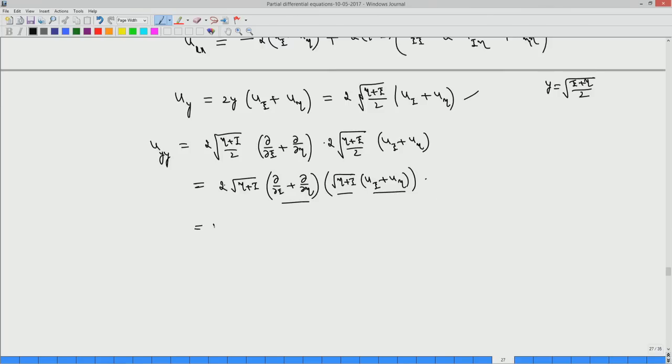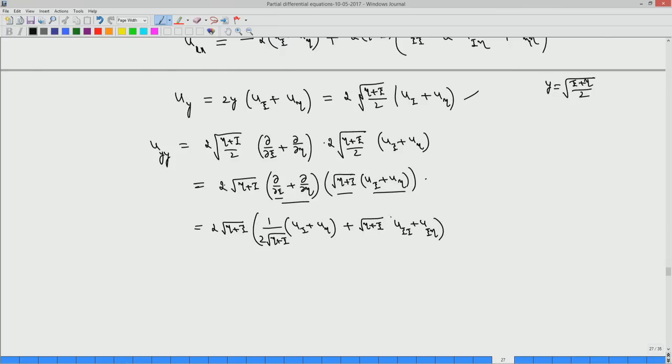So, this will give me 2 times square root of eta plus xi. Now, you differentiate this product of functions, you get 1 by 2 square root of eta plus xi into u xi plus u eta plus square root of eta plus xi into u xi xi plus u xi eta.